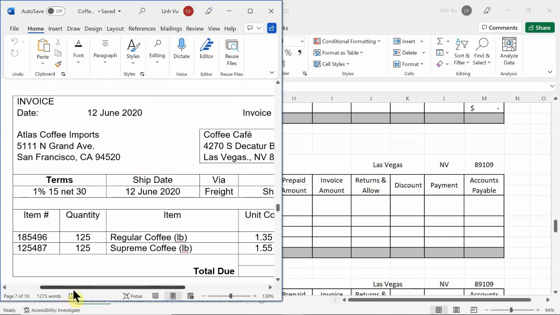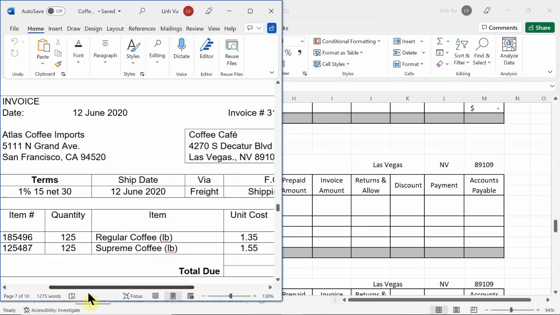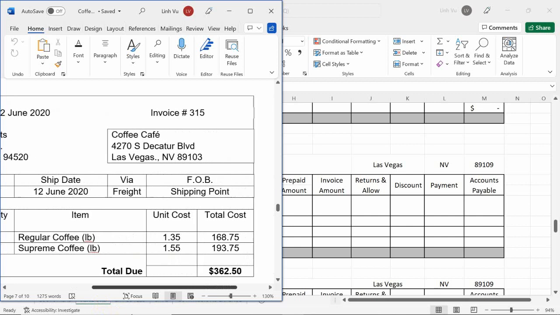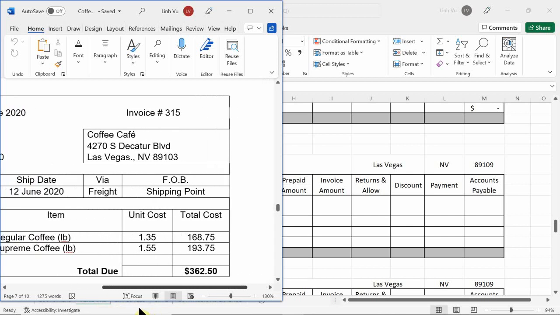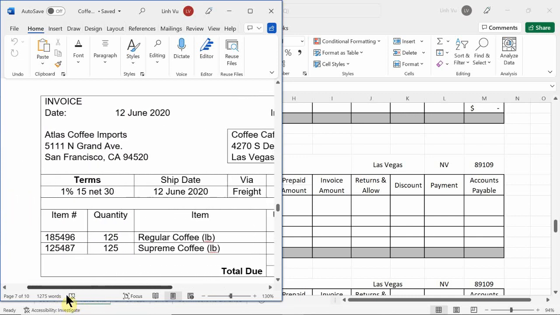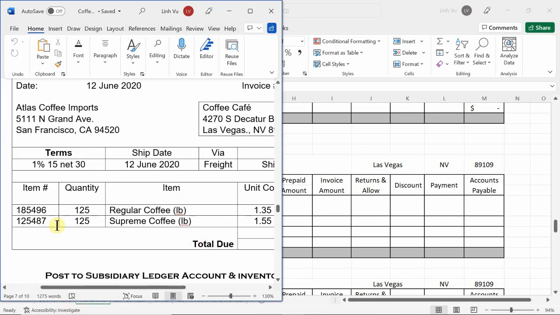So, right, I get terms 1%, 15, net 30. They billed me on June 12th. They shipped it to my store. Or in this case, they didn't ship it to my store. We ordered 125 pounds of regular, 125 pounds of Supreme.